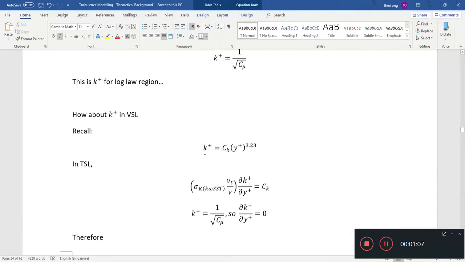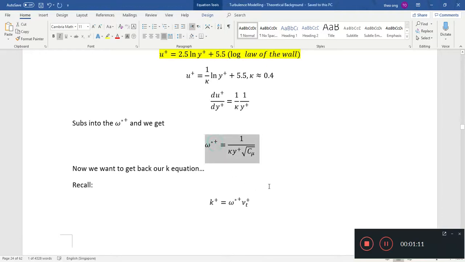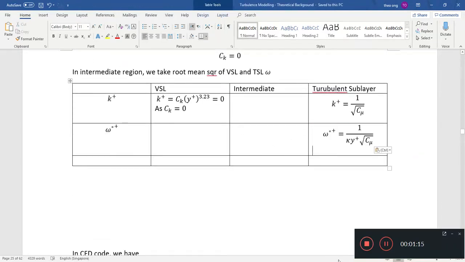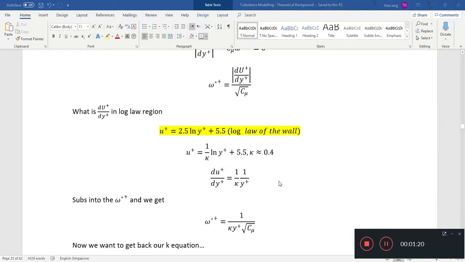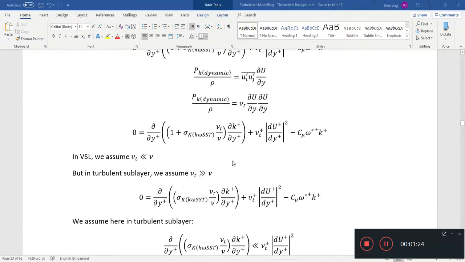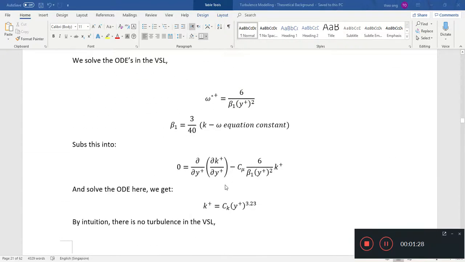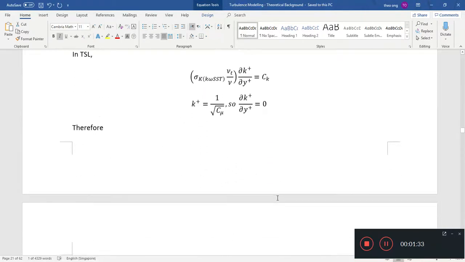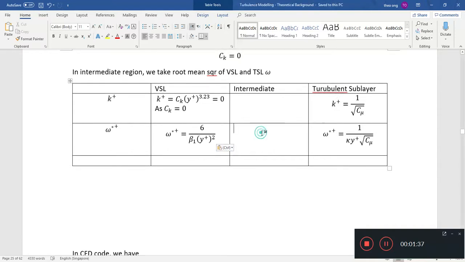Okay, omega. It's here in the turbulent sublayer, and we also have omega in the viscous sublayer, here.